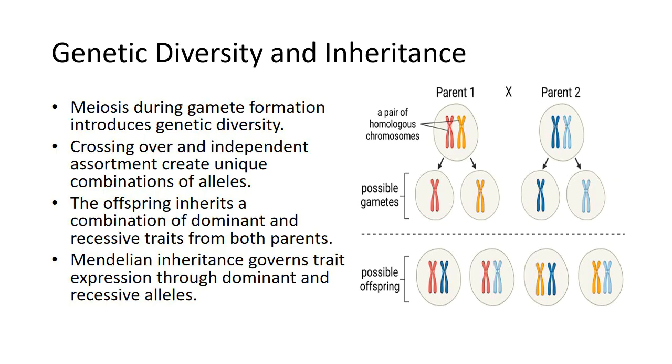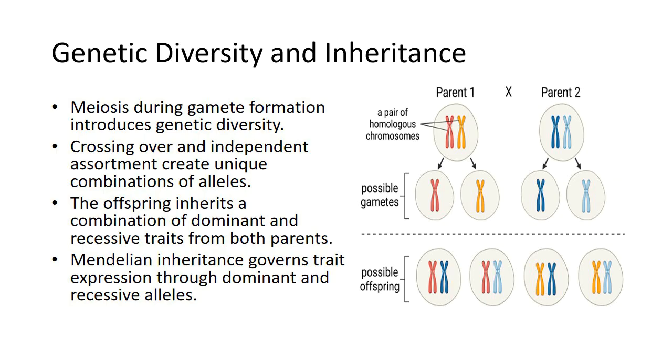Independent assortment. During meiosis, chromosomes are randomly distributed between the gametes in a process called independent assortment. This further contributes to genetic diversity, as each gamete, egg or sperm, will have a different combination of chromosomes. Random fertilization.